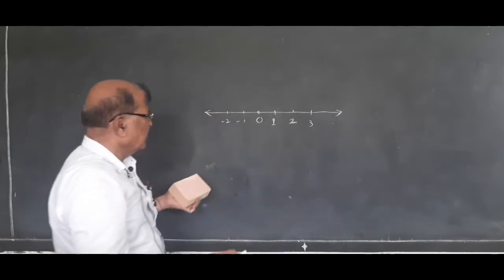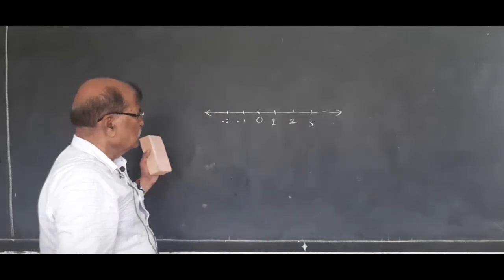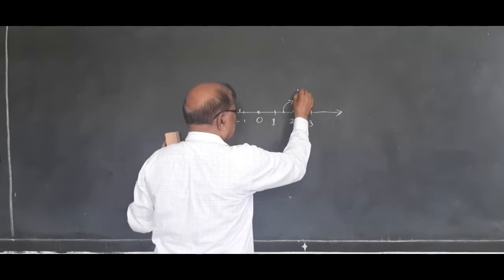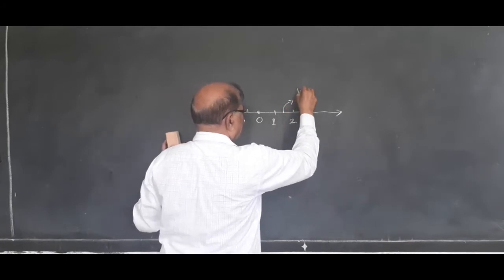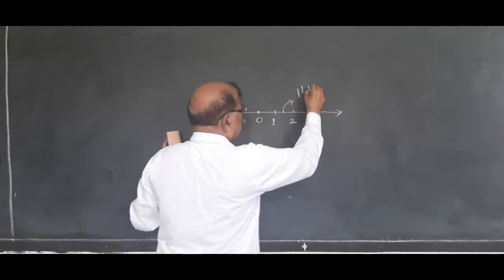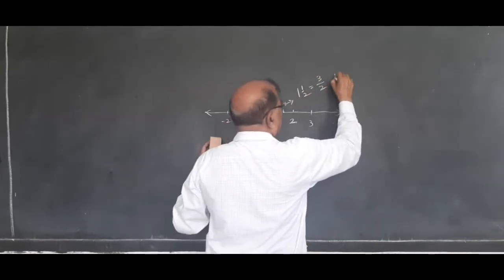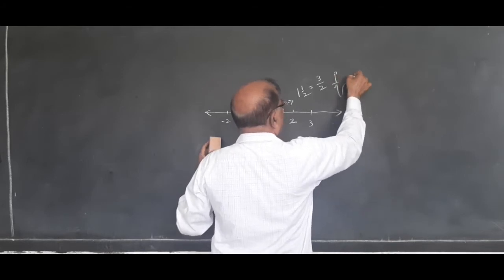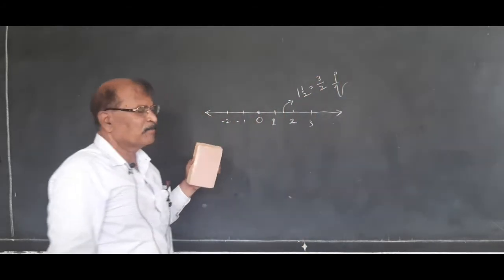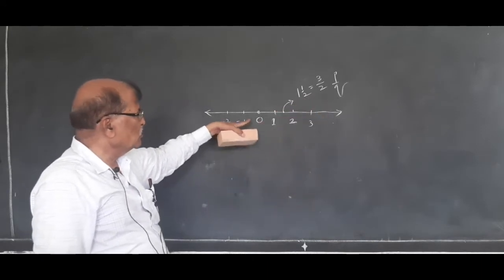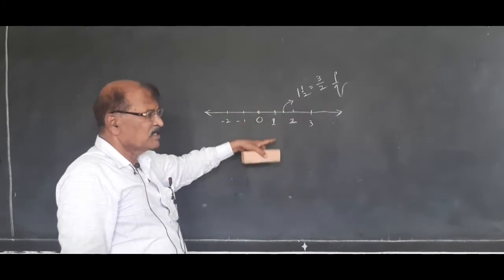Take a midpoint of this, which is nothing but 1 by 2, and this is 3 by 2. 3 by 2 is in the form of P by Q, so it is a rational number. So, rational numbers can be represented on a number line, so it is a subset of real numbers.